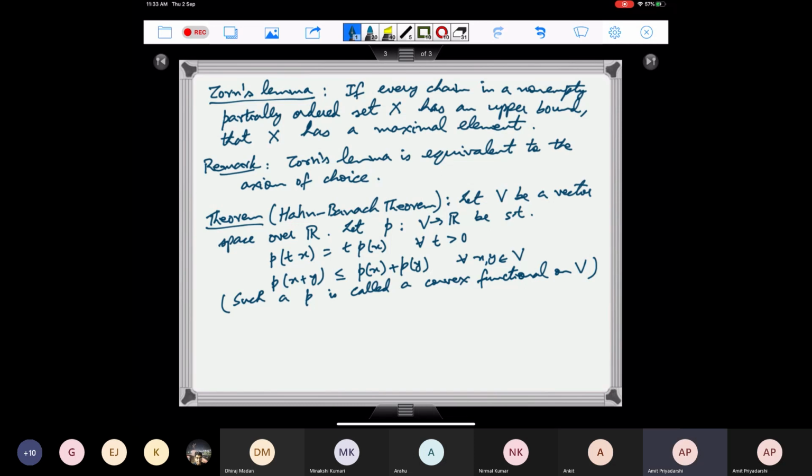We are not saying convex function; it's a convex functional. The definition is that if it satisfies these two properties, then we call it a convex functional. And what I am saying is that a convex functional is always a convex function, not the other way around. Okay, I get it. Thank you.